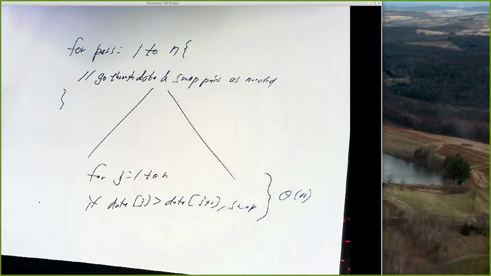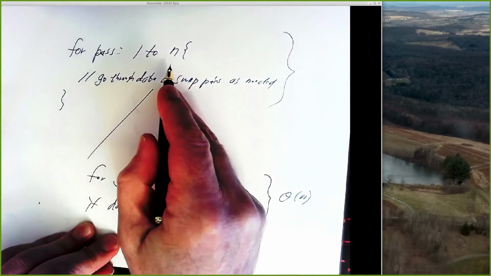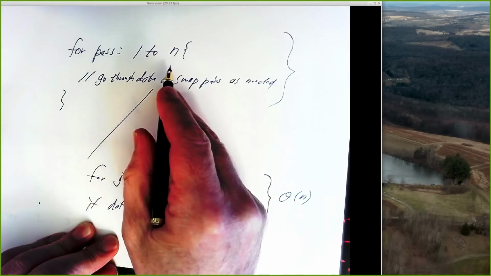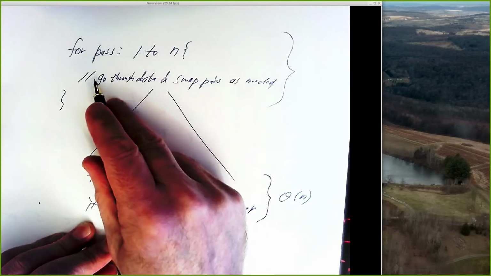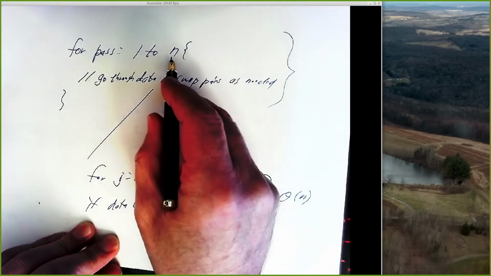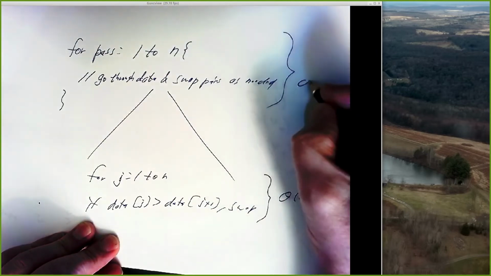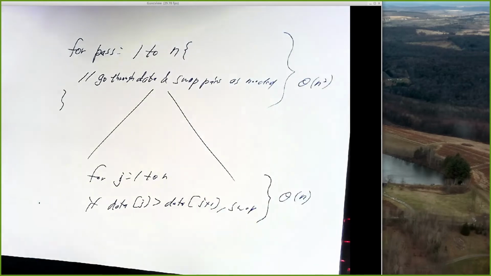Now if we look at our original algorithm, it is a for loop that runs n times, and the body of that loop is order n. So each of these n times we have to do order n work. This is going to end up being order n squared.